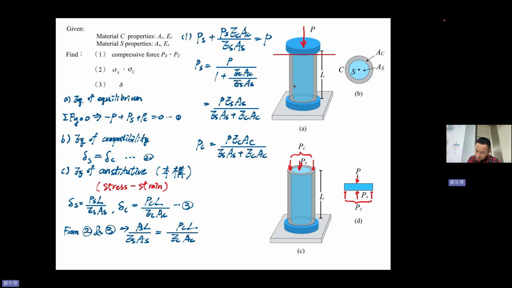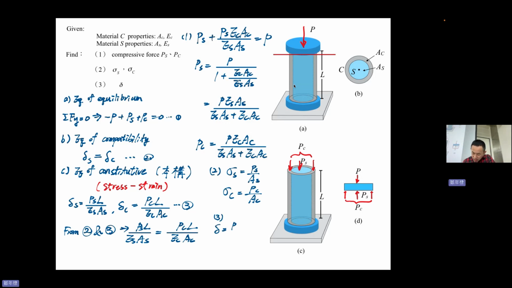And the second one, sigma S, you just divide by AS. Sigma C, you just divide by AC. And the third one is also easy.